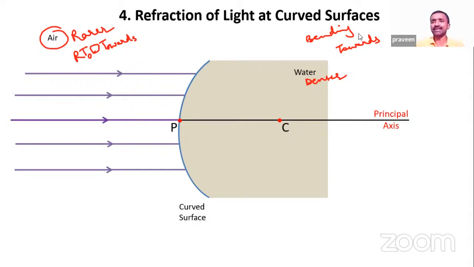So here I need the normal. What is the normal? For a curved surface, the normal is the line joining the center of curvature and the boundary. Why is it considered normal? Because the line drawn from the center to the boundary is perpendicular to the tangent at the given point.